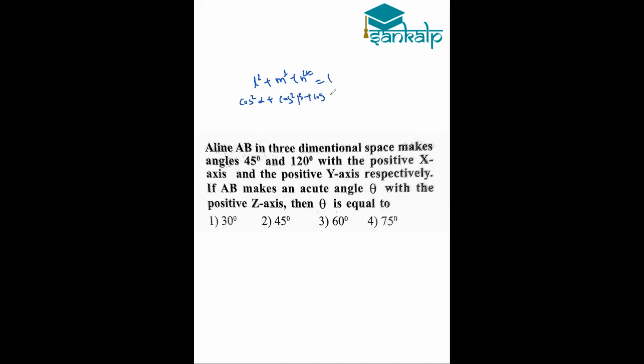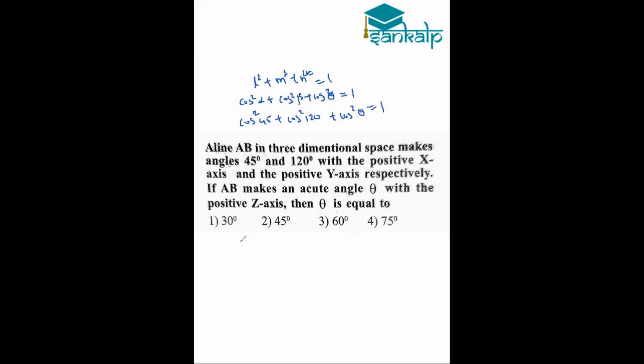Instead of gamma they have given theta, so it is equal to 1. Next, on simplifying, the alpha value is given: cos square 45 plus cos square 120 plus cos square theta is equal to 1.